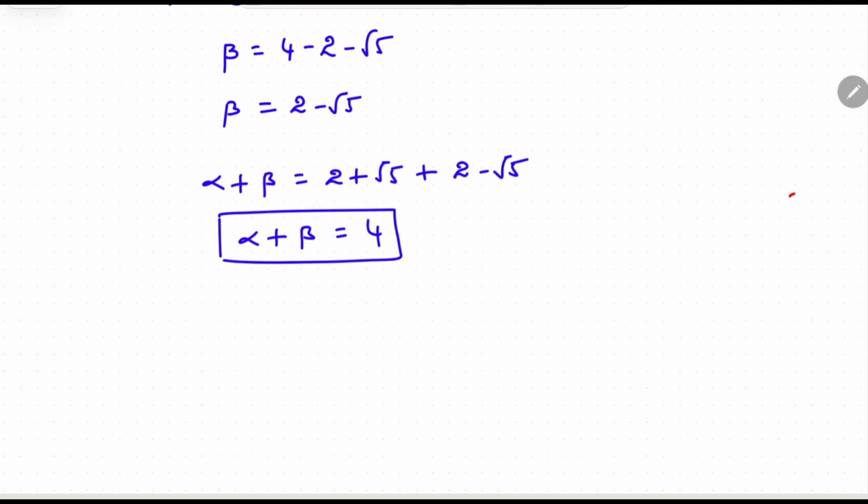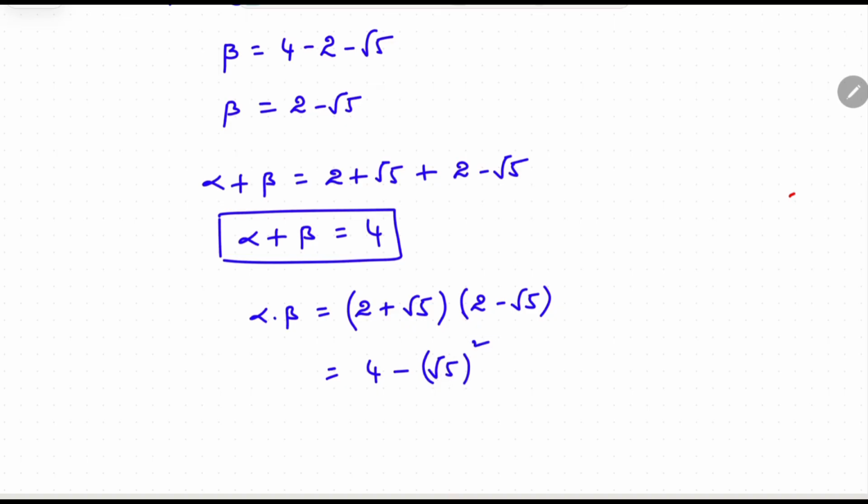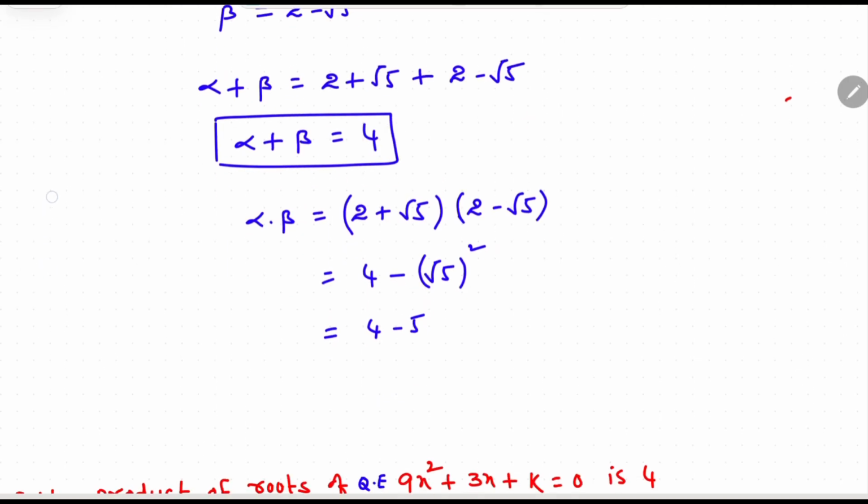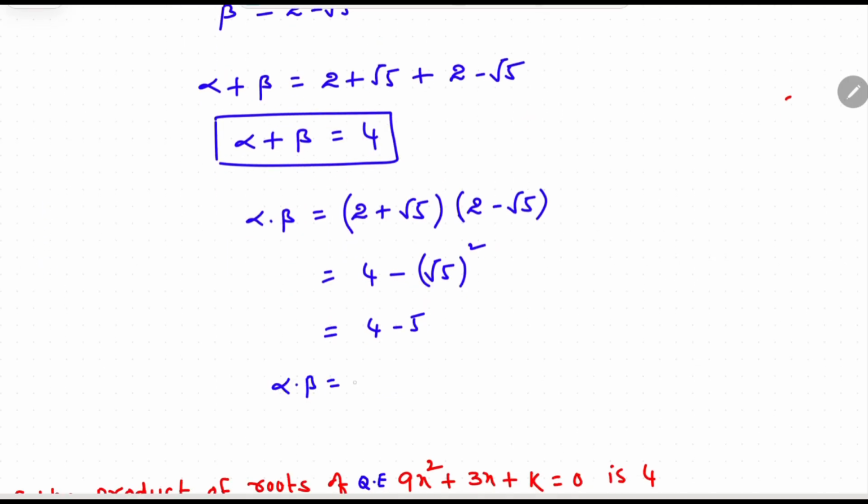Now we have to find the product of roots, alpha into beta, that is 2 plus root 5 into 2 minus root 5. a plus b into a minus b is a square minus b square. So alpha into beta becomes minus 1.